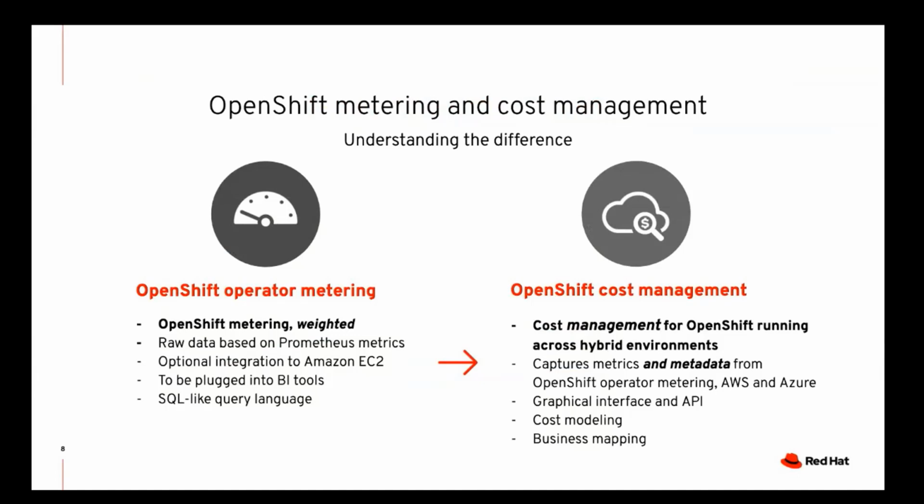And of course, you have optional integration to Amazon, and you can plug that into any BI tool. So if you just wanted to have a report on the usage using Prometheus data, you already have the capabilities in operator metering, and it's already extendable using an SQL query language.